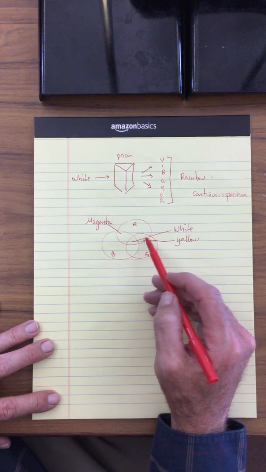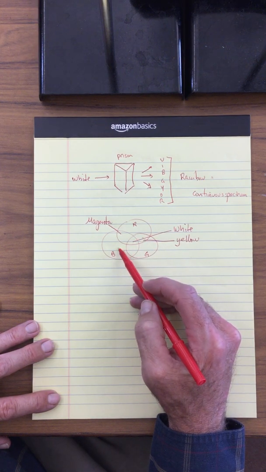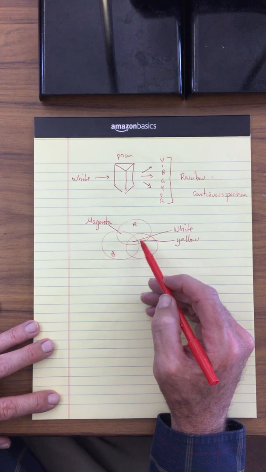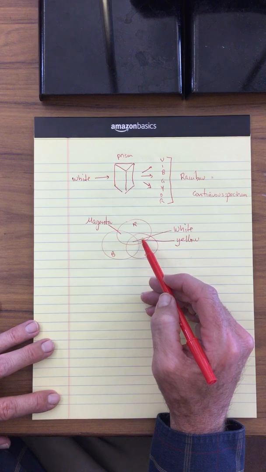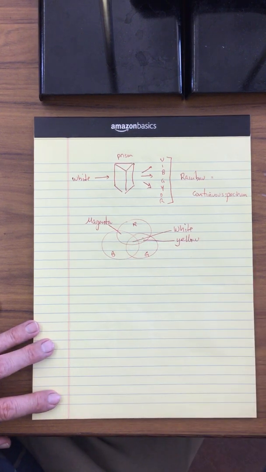And so now that you have your yellow right here, if you take your yellow and your blue, you will not get green. This is in another video. If you take yellow and blue, you're going to get white. Now, yes, if you take a blue filter and cover that with a yellow filter and then shine the light through that, yes, you will get green, and we'll explain why.